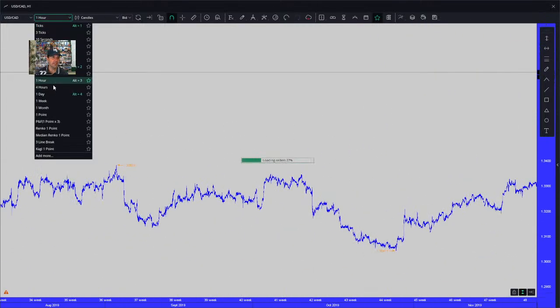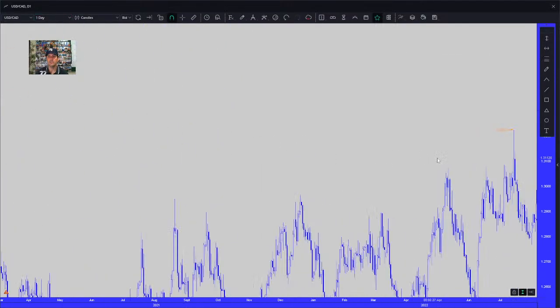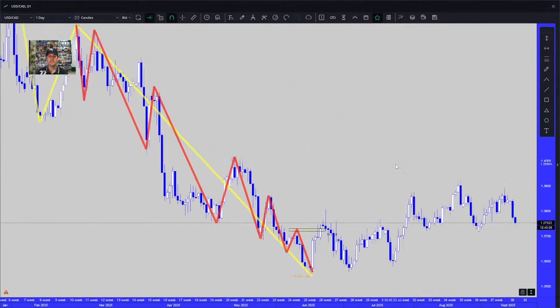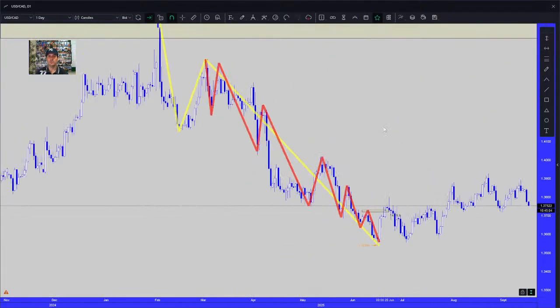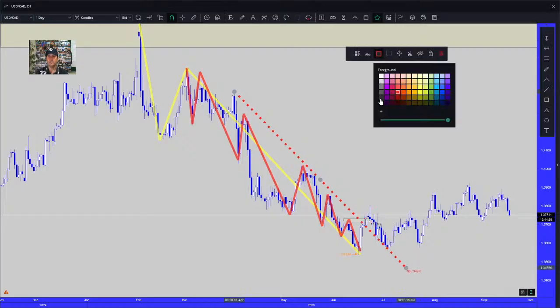Alright, let's go back to the daily for a second because I owe you a trend line break, right? Extension, retracement, extension. So the trend line break would be here, right?